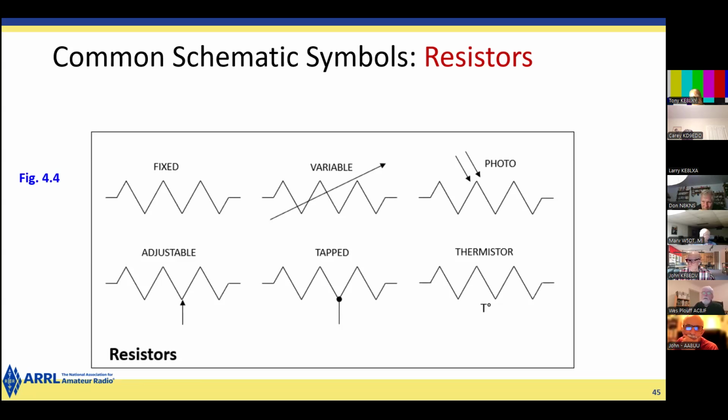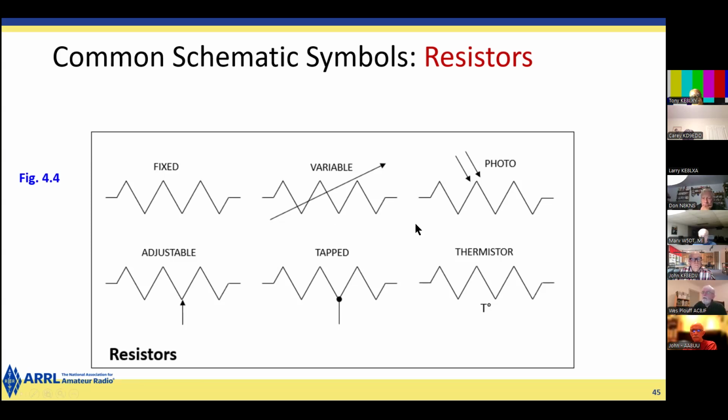And on the lower left, a potentiometer is something to use, for instance, for a volume control, where it's a variable resistor where there's a wiper arm that moves across a resistive fixed piece. And so by turning the knob or moving that wiper arm, you could change the resistance between one end of the fixed part and the wiper arm.